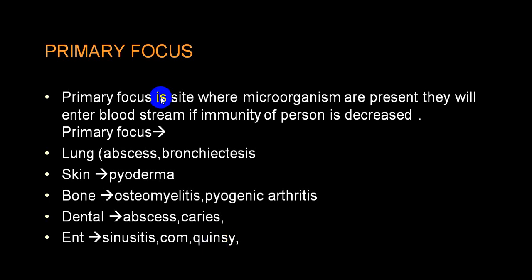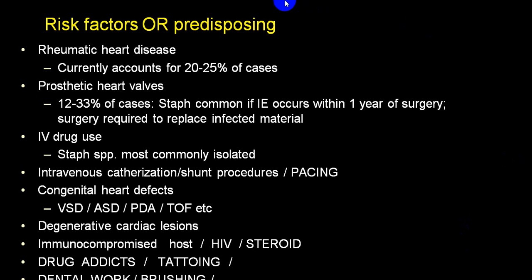The most common primary focus comes from lung abscess, bronchiectasis, among skin, pyoderma, bone, osteomyelitis, dental abscess, dental caries, sinusitis, quinsy, etc. We have already told you the risk factors or predisposing factors.